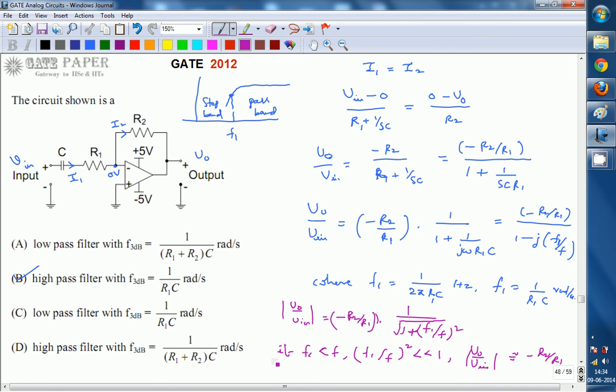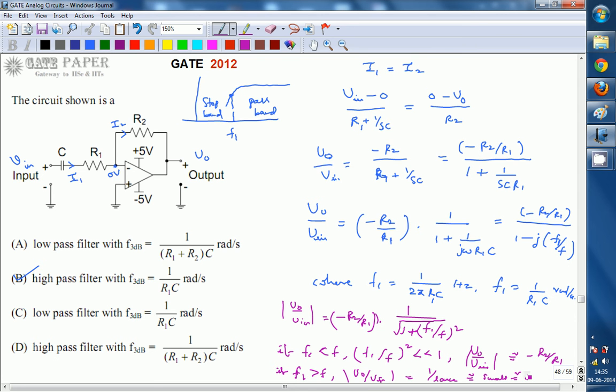Now, if f1 is greater than f, that is, the input signal frequency is lesser than f1, then f1 is larger than f, so the ratio is greater than 1, and its square is very large, so the 1 in the expression can be neglected. Then v0 by v input is 1 divided by something large, which is approximately small, and small implies attenuation, so it is approximated as 0.